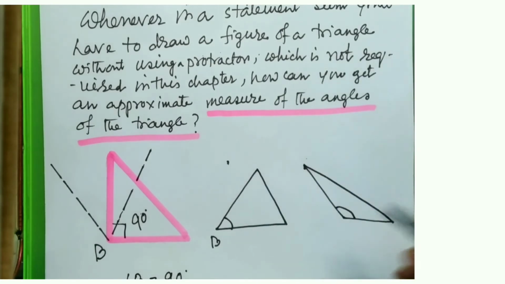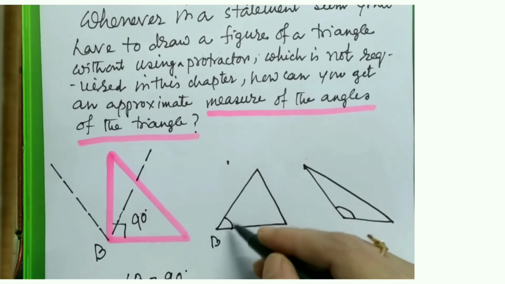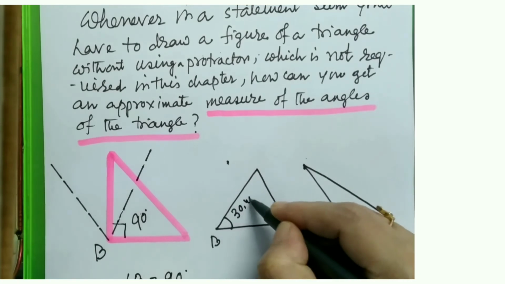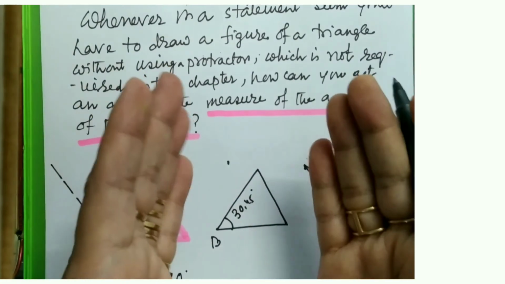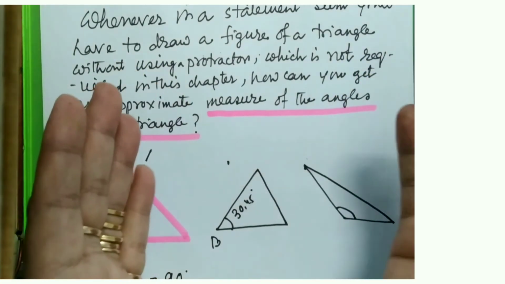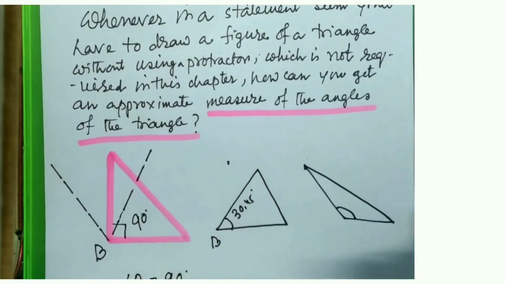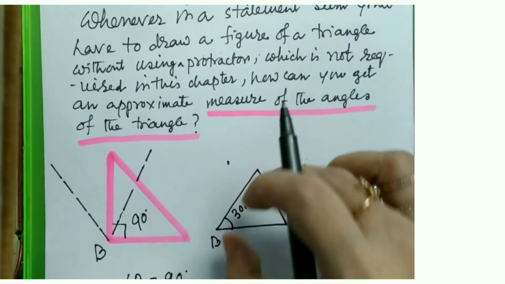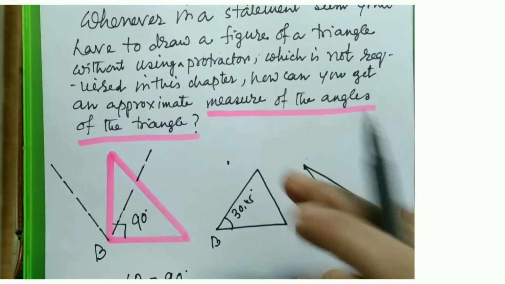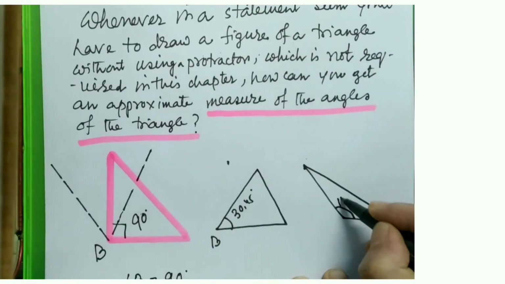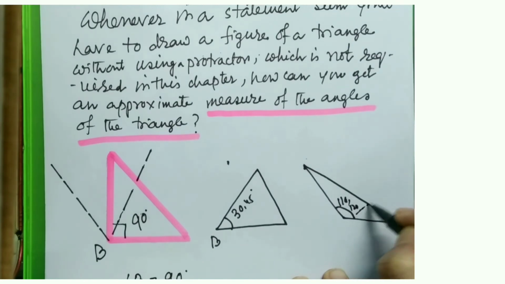And if it is less than 90, we will draw like this. This angle's measurement will be like this, 30, 45 or anything, because exact measurement we can't give, because without using a protractor or compass we can't draw an exact angle. So these are the approximate triangles, and this one is suppose 110, 120, etc.